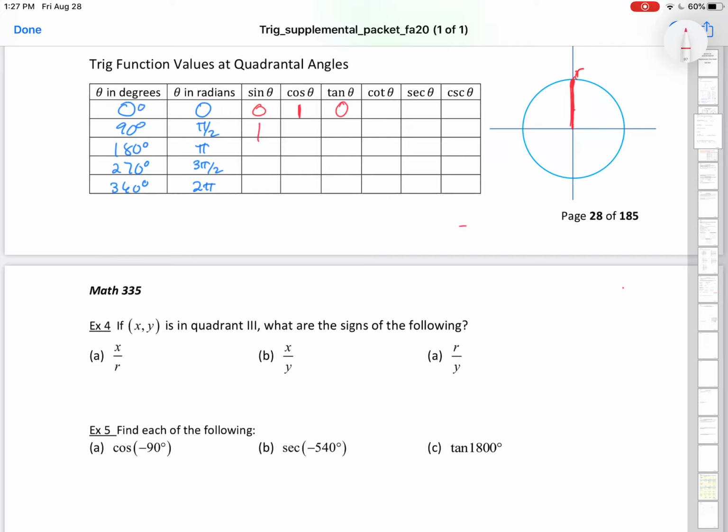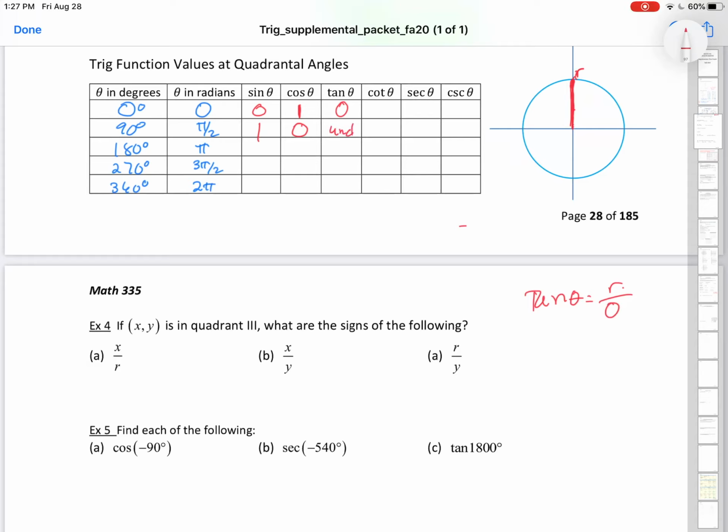So notice that at the quadrantal angles, we get some extremes going on. Cosine corresponds to x. We are no distance x out. And tangent is y. The y height is r, so when we go to do tangent, it's the y height r divided by the x, which is 0. Well, what's r divided by 0? Undefined.